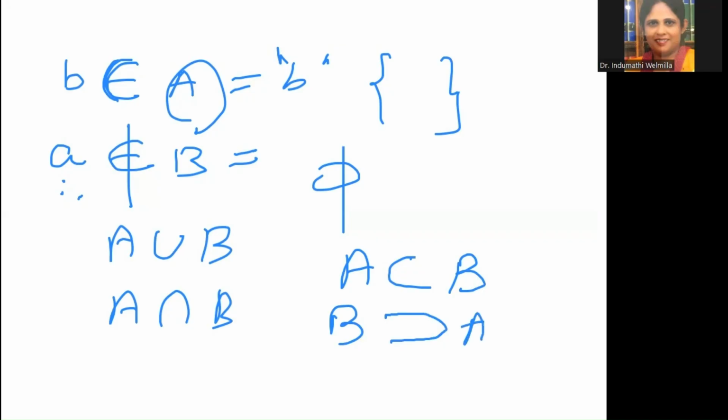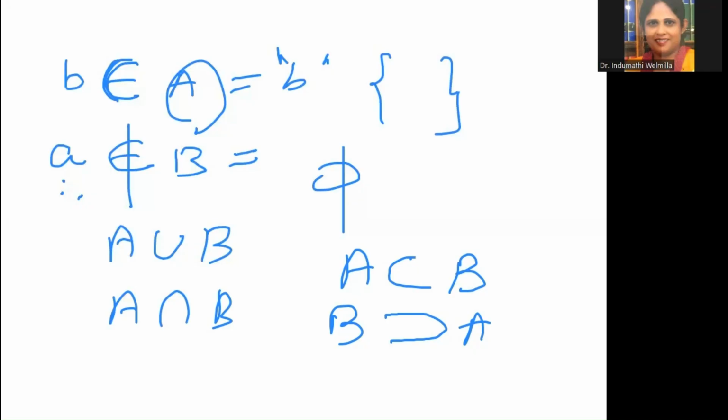Okay, and also there are some properties of sets, similar to numbers. Sets also have properties like associative property, commutative property, and so on. So there are important properties of sets.